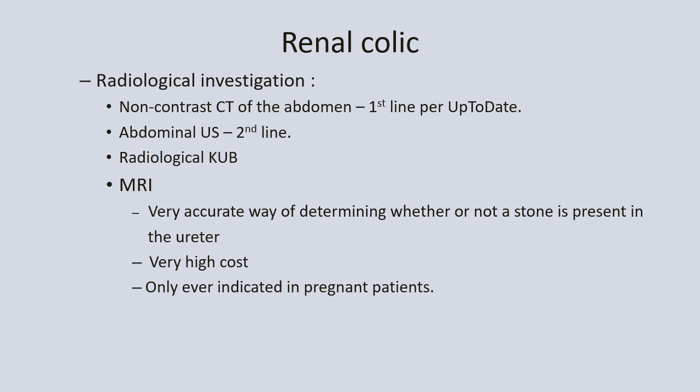It also said that radiologic KUB is basically useless, and then MRI is not really that great either. It's super expensive and would only really ever be recommended in pregnant patients. So basically it comes down to whether he's going to want ultrasound or CT. I'm going to put CT on the exam because I have the scientific evidence behind it, which means it's probably going to be wrong. But that's that.